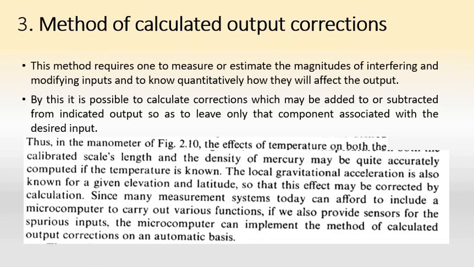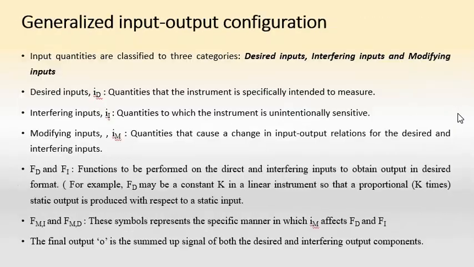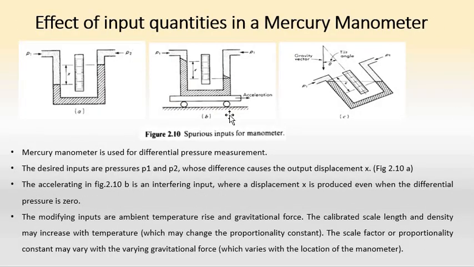In figure 2.10, that is in the previous class, we have seen a manometer example here. In this method, if we know the temperature, what are the modifying inputs that may be possible here? Temperature difference and the gravitational force.